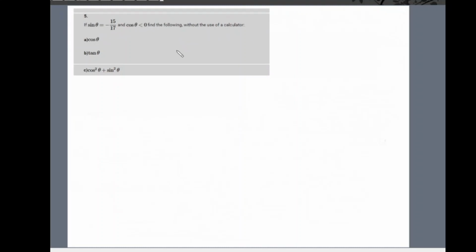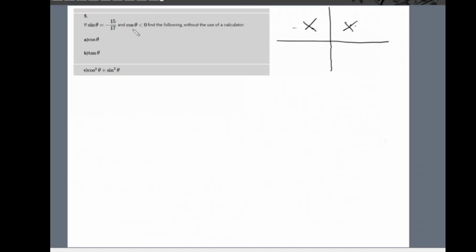So the statement in question 5 says if sine theta is minus 15 over 17, it tells us that the trigonometric ratio of sine theta is negative, right? Therefore we are not in the first quadrant and not in the second quadrant, because in these two quadrants sine theta is positive.